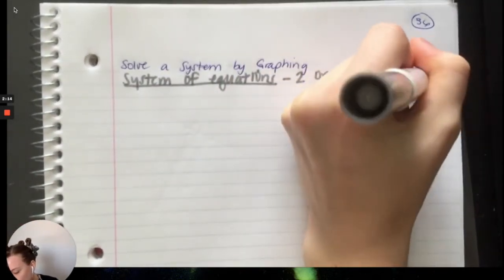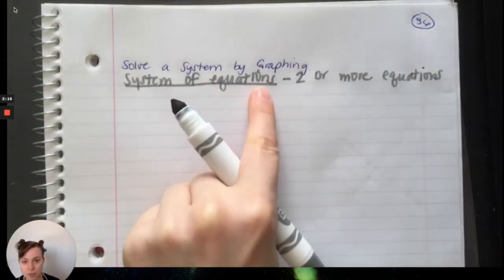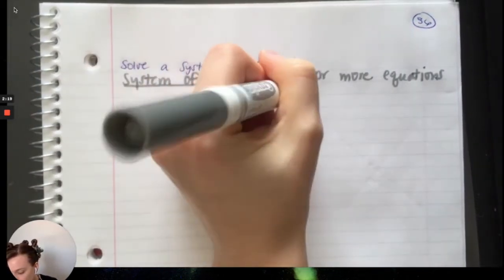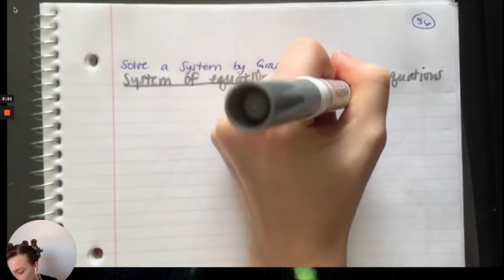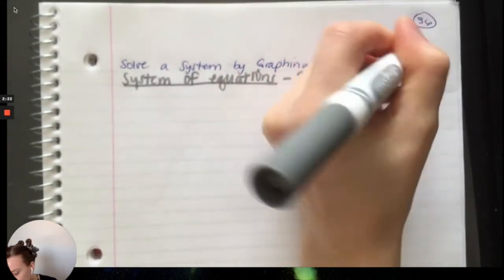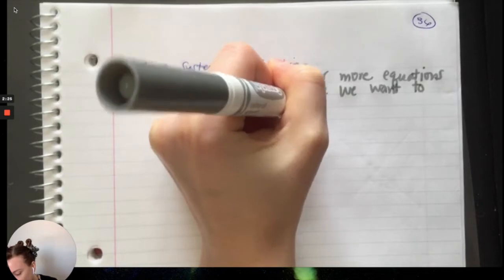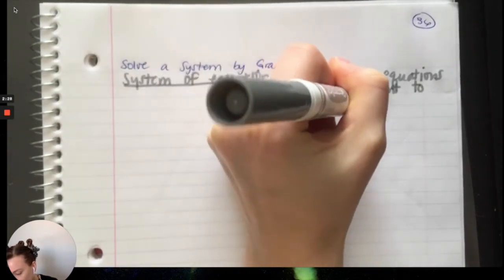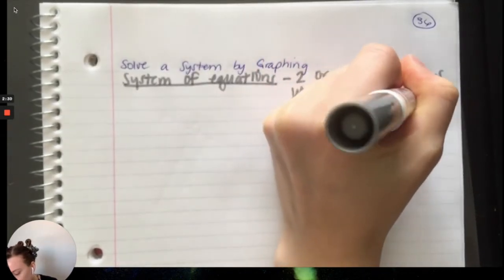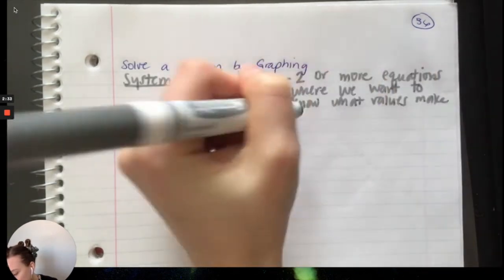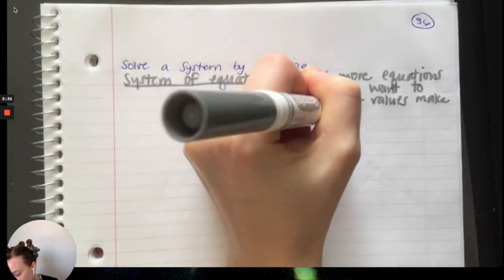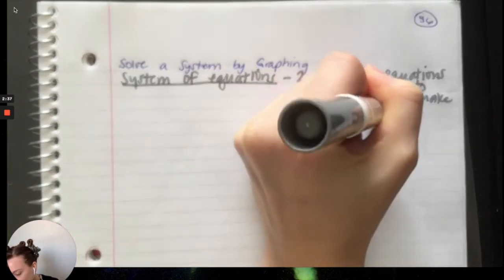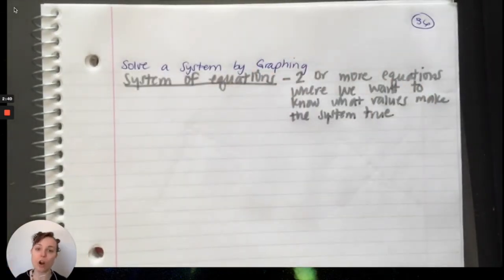Equations or inequalities, because we are going to deal with systems of inequalities on our last video, where we want to know what values make the system true. So our solutions are solutions to all of the equations, and those values have to be the same for all of the equations, all the parts of the system.